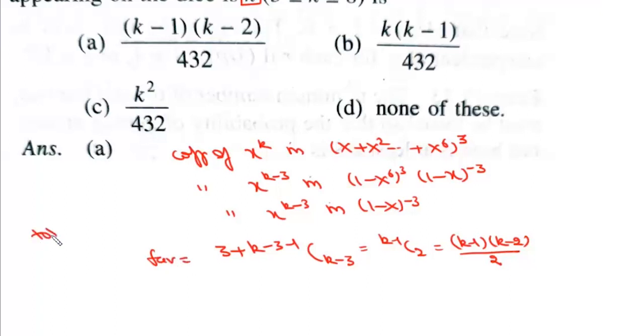Now total number of cases will be 6 into 6 into 6. So the required probability will be (k minus 1)(k minus 2) divided by 2 into 216, which is (k minus 1)(k minus 2) over 432. That's your option A.